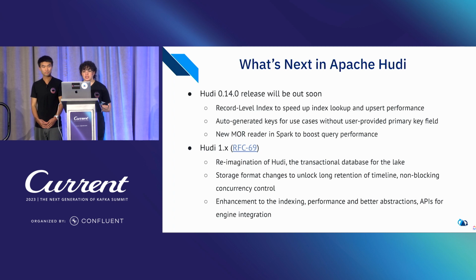One of the things that's going to be really big is bringing database capabilities to your data lake, which is super new. The storage format changes will unlock long retention of the timeline and non-blocking concurrency control, which is also really cool. And then we have enhancements to indexing, performance for better abstractions, APIs for engine integrations, and more. So the 1.x release will be a big release that will hopefully be coming up towards the end of the year.